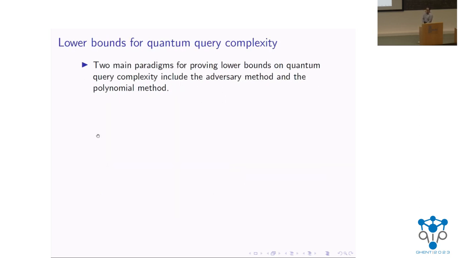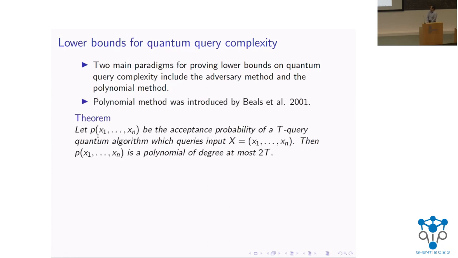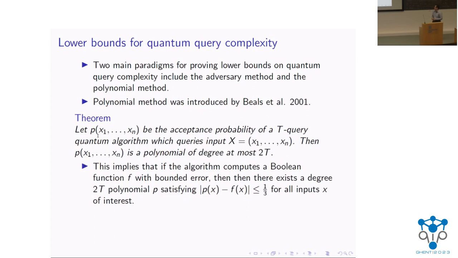So there's two ways we do these lower bounds. The first one is the adversary method, and the second one is the polynomial method. I won't talk about the adversary method here, but the polynomial method was first introduced by Beals et al. in 2001. Basically, if you show me a quantum algorithm that's making calls to some oracle, and you write the accepting probability of that algorithm as p, and the x's there represent the oracle, then the output probability is some polynomial in the x's of degree at most 2t, where t is the number of oracle calls that algorithm makes.